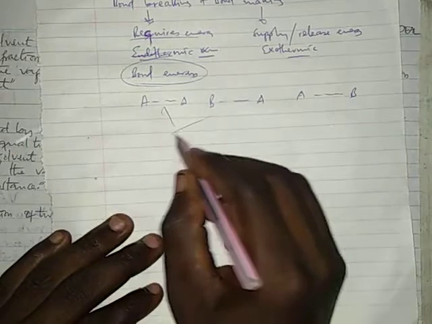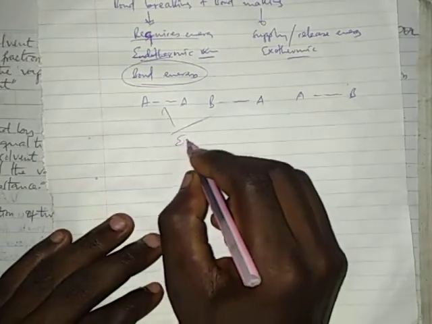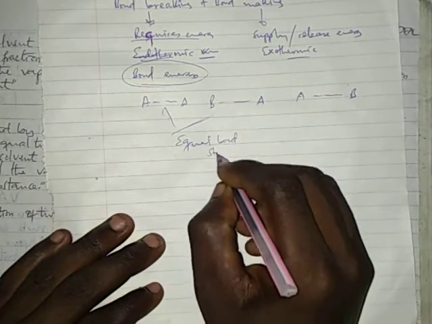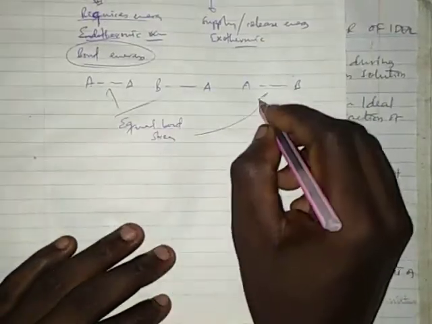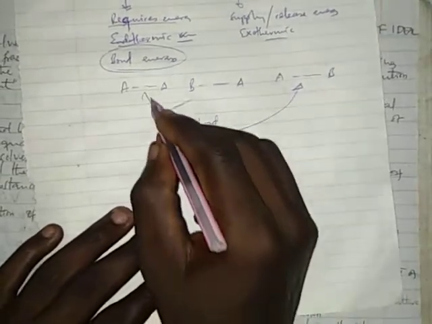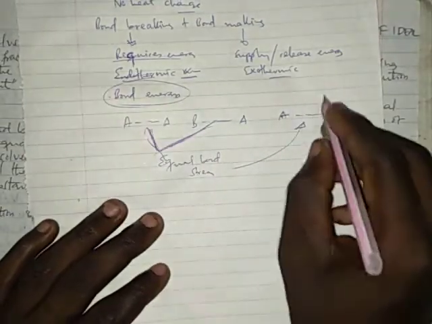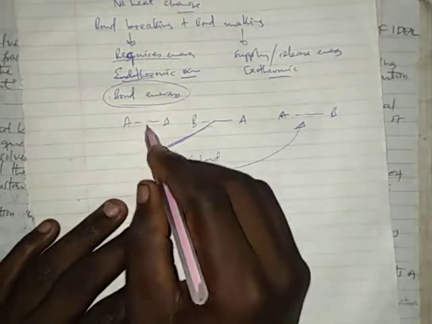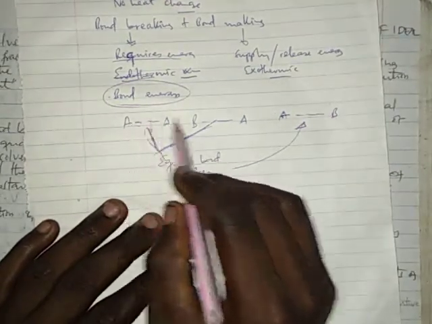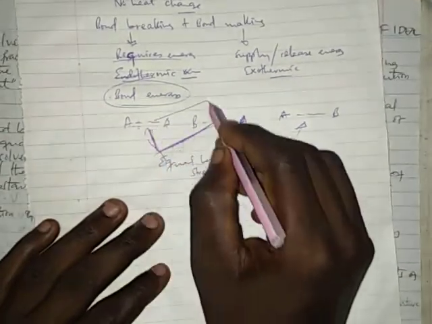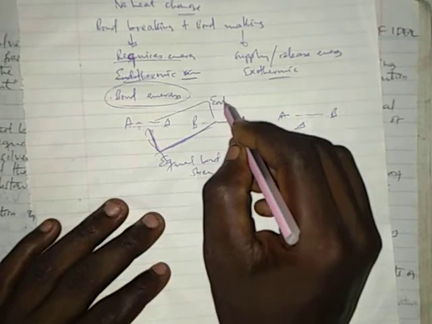If these bonds have equal bond strength, that means the energy which is used to break these bonds is the energy which will be supplied when you are making the new bond. Because the process of breaking the bonds between AA and BB is endothermic. It requires energy.